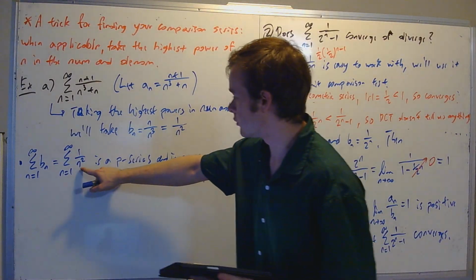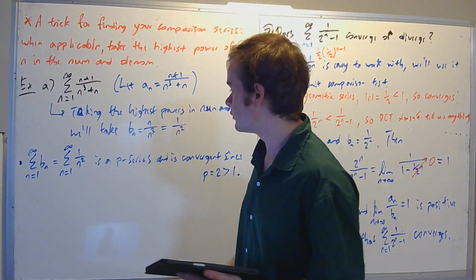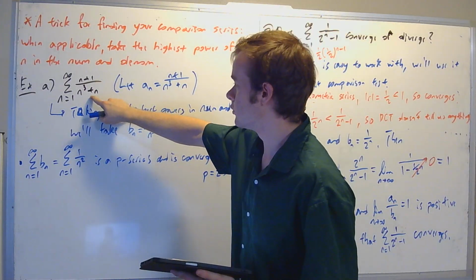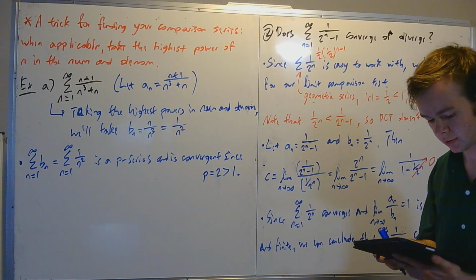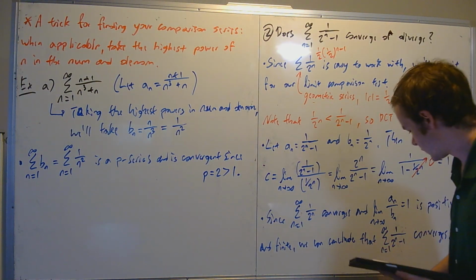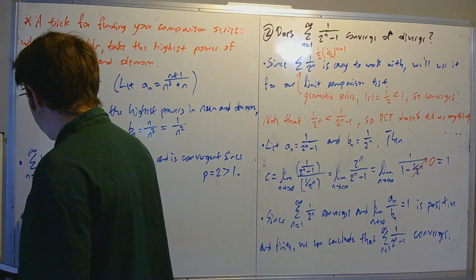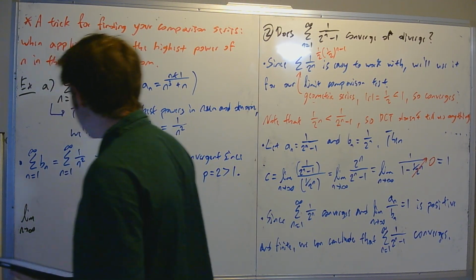So this is a convergent series. If we can prove that that number c is positive and finite that we had in the limit comparison test, then we can prove that this series is also convergent using the limit comparison test. So we now need to figure out what c is equal to. So we said that the limit is equal to the limit as n goes to infinity of an over bn.